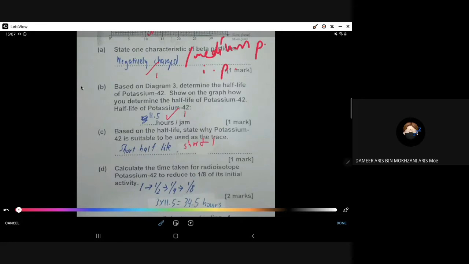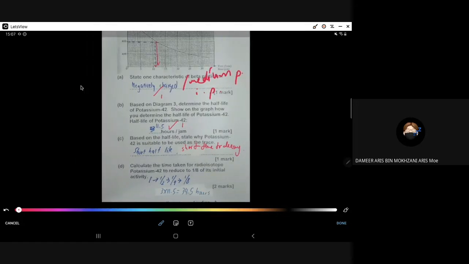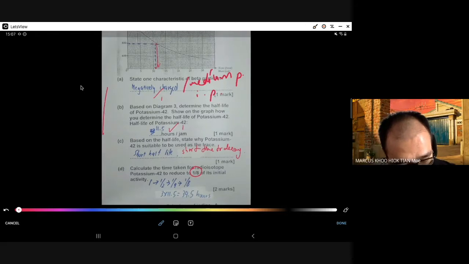Calculate the time taken for radioisotope potassium-42 to reduce to 1/8 of its initial activity. So 1 times 1/2, 1/2 times 1/4, 1/4 times 1/8. So there are 3 arrows, 3 times 11.5, we get 34.5 hours. Okay, good.